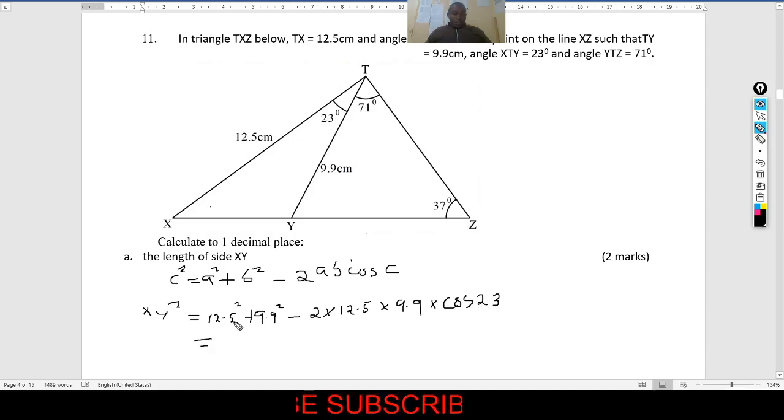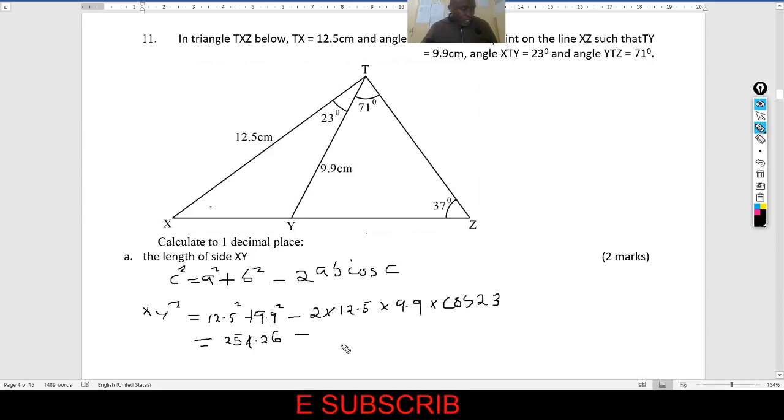So this is equal to 12 squared plus 9 squared. 12 squared plus 9 squared gives you 254. Use your calculator, you'll find it is 254.26.